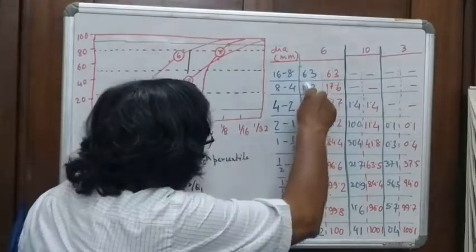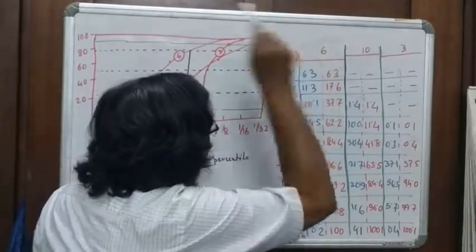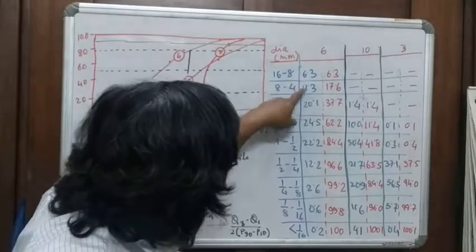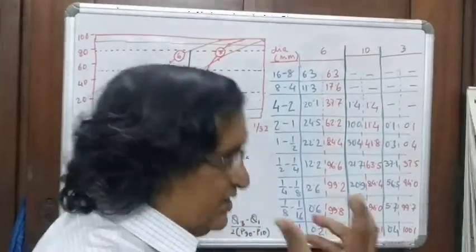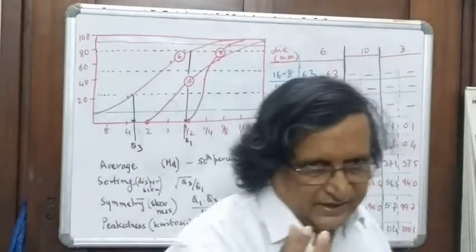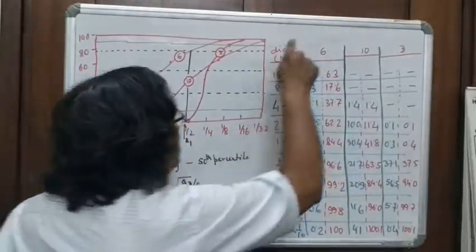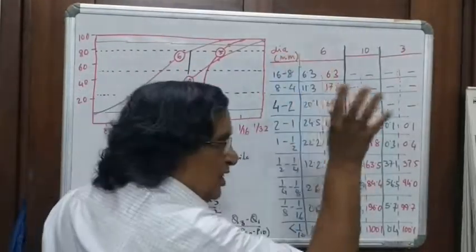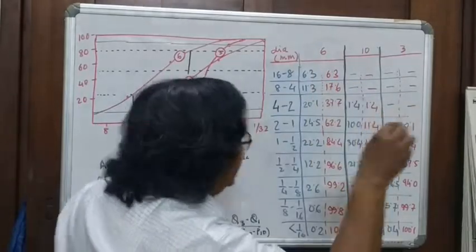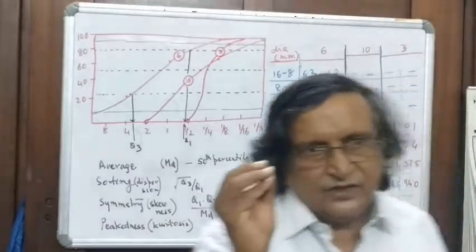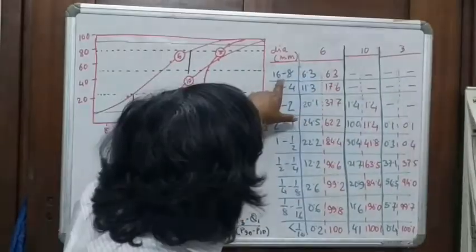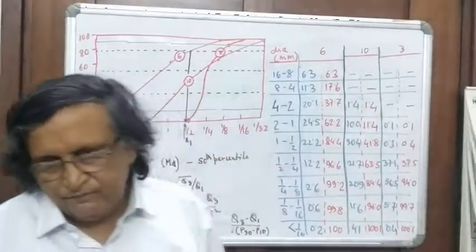On the left-hand side in blue, for sample number 6, you have certain numbers. These numbers are called frequency. That means out of the total weight of the sediment in the sieve, 6.3 weight percent had the size range of 16 to 8.